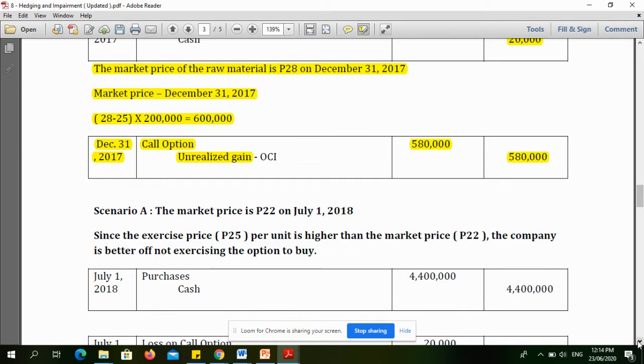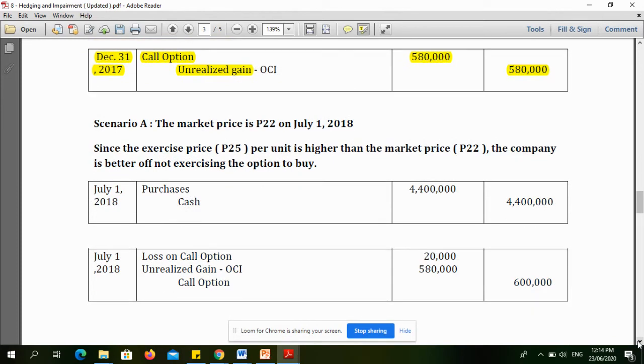So, okay. Let's now go on July 1, 2018. At this date, dito bibili si Bicol Company. Let's go first with scenario A. Sa scenario A, let's say that the market price at that time of purchase is 22 pesos. The question, will Bicol Company exercise the call option?